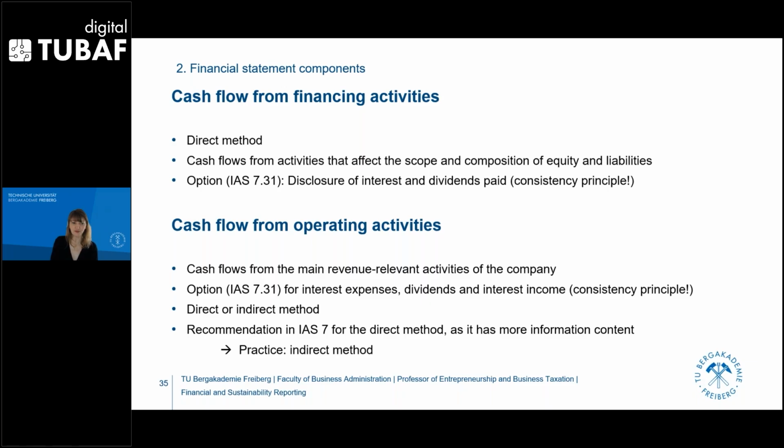So we can calculate it based on the profit and loss statement and correct it because some of the expenditures, for example, which are disclosed in the profit and loss statement, are not related to cash payments. Or we can directly calculate the cash flow which results from operating activities, for example, the revenues which were gained based on cash payments.